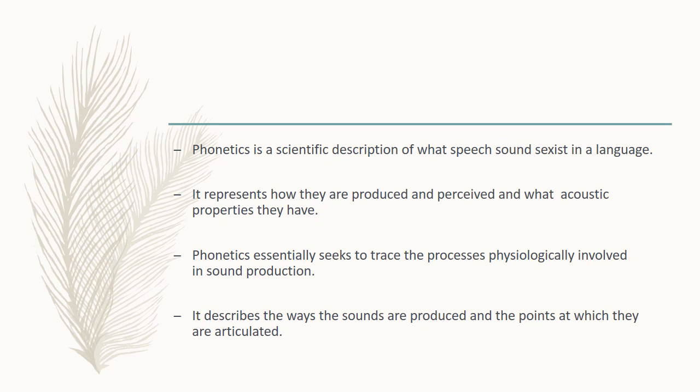And then the next, it describes the way the sounds are produced and the point at which they are articulated. It's also going to discuss the manner of articulation. So, how the shape of the mouth and the shape of the lips are when producing the sound. Okay, for further information you are going to discuss it all in the next lesson.